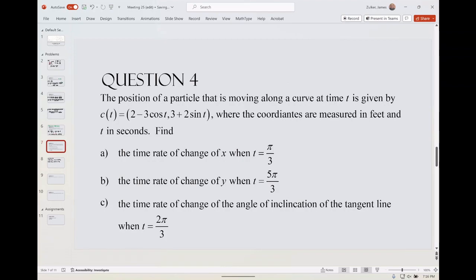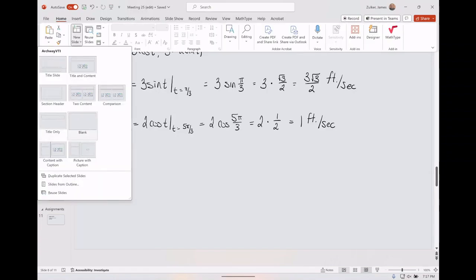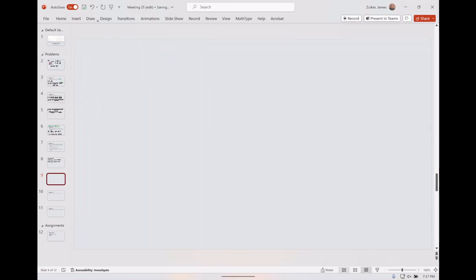This one's fun. Time rate of change of the angle of inclination of the tangent line when t is 2 pi over 3. Say we're given some curve.